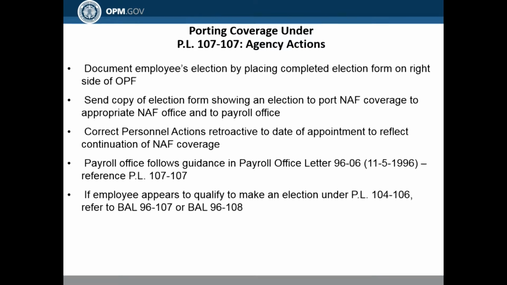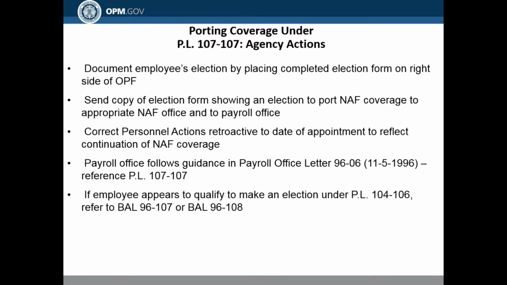You're going to correct the personnel actions retroactive to the date of the appointment to reflect the continuation of the NAF coverage. And the payroll office is going to follow guidance in the payroll office letter, which was 96-06, published in 1996, right?